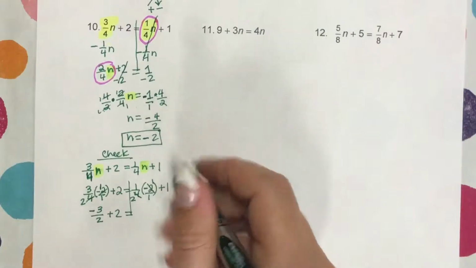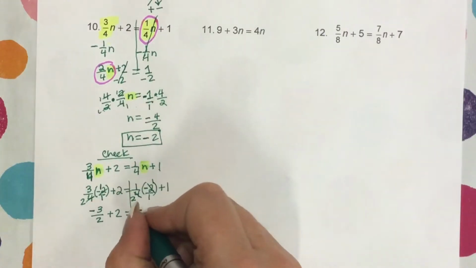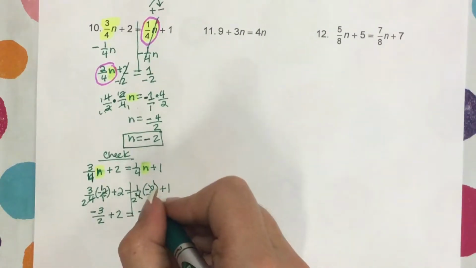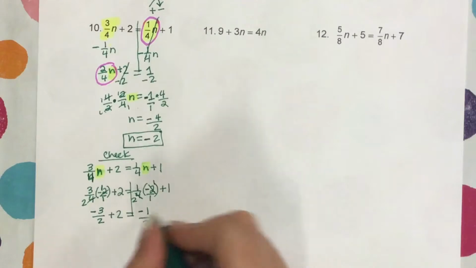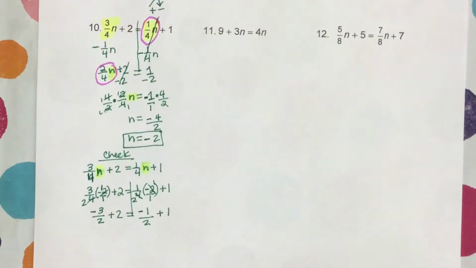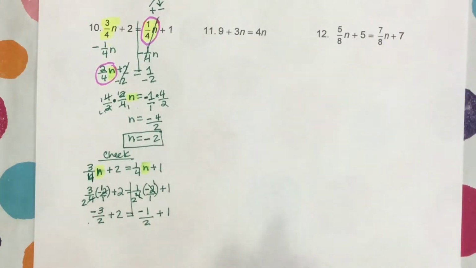1 times -1, I'm going to do the signs first. A positive times a negative is a negative. 1 times 1 is 1, all over 2 times 1, which is 2. So I have -1/2 plus 1. Now I just need to simplify each side of the equation.